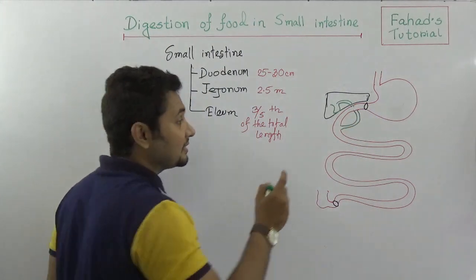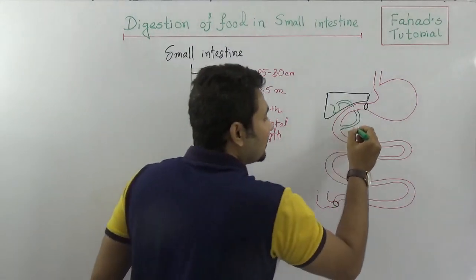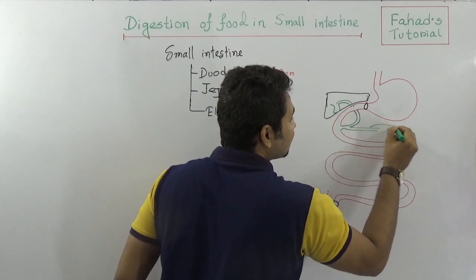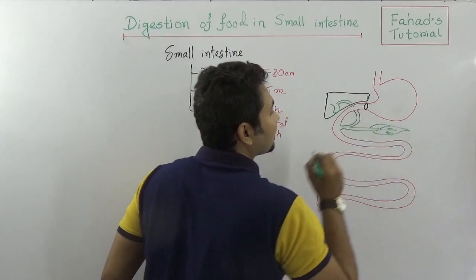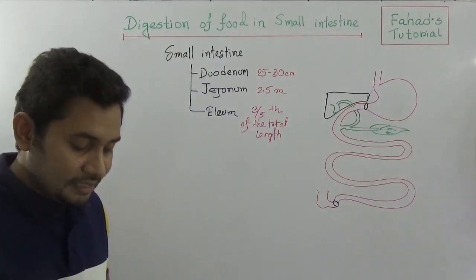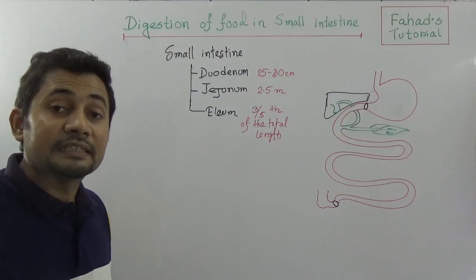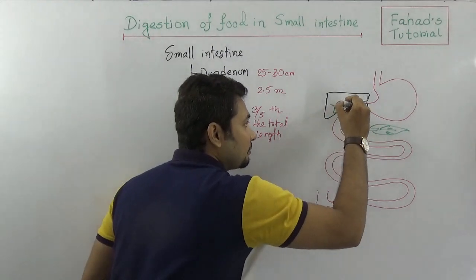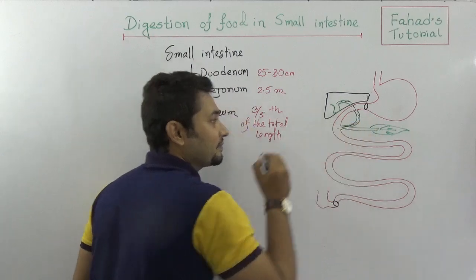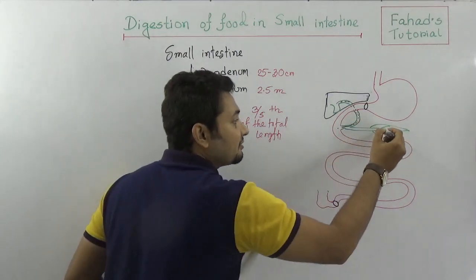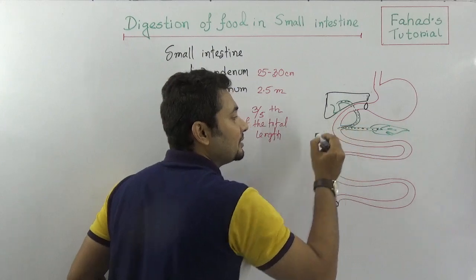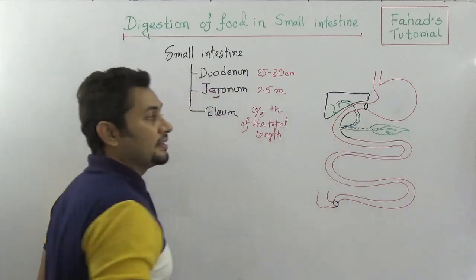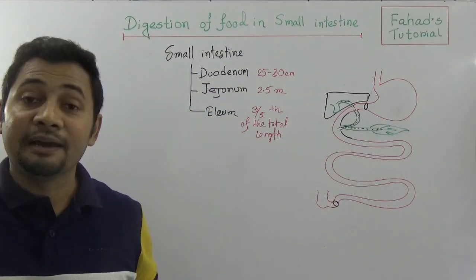Similarly, there is a common opening connected with the pancreas. So bile stored in the gallbladder is secreted when required through a channel, and the pancreatic juice is connected with the same opening of the duodenum, called the hepatopancreatic ampulla.